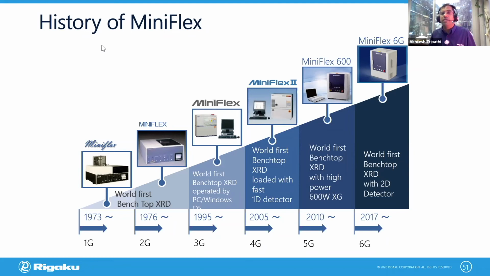Then in 2010 we came up with a 600 watt, and it used to be a 450 watt instrument. We call that the 5th generation, but now we even have 2D detectors, 600 watt, the 6th generation Miniflex 6G.